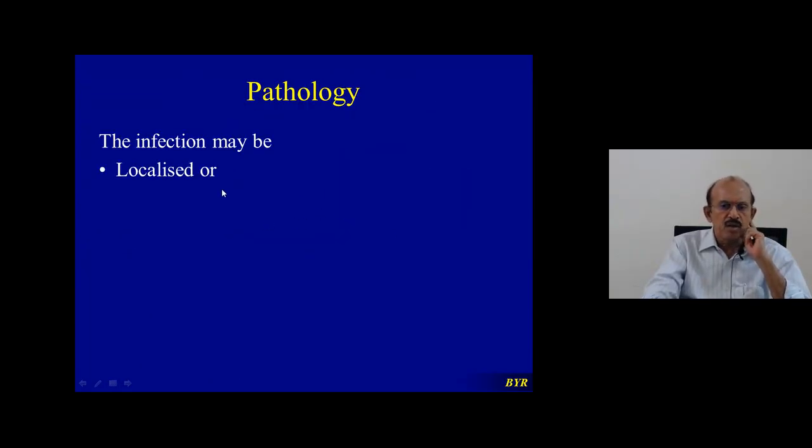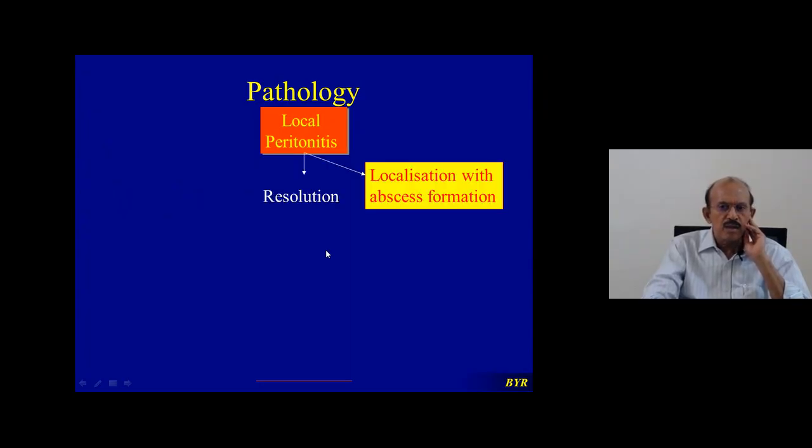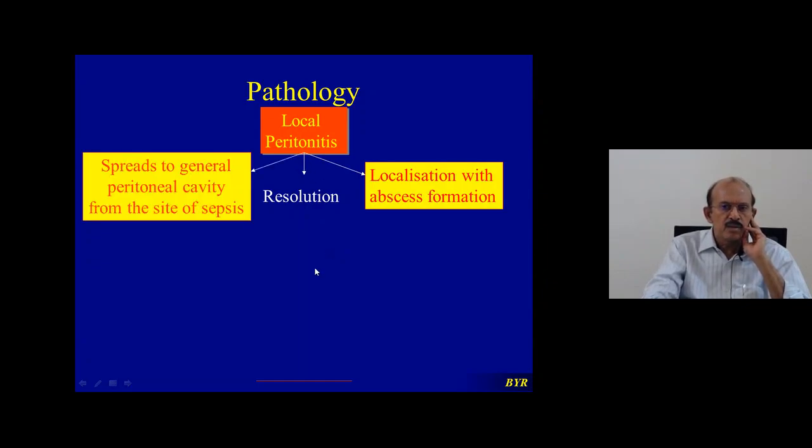The infection may be localized or generalized. Local peritonitis may resolve or it may lead to abscess formation, or it spreads to the general peritoneal cavity from the site of sepsis. A localized abscess, localized infection, can also become spreading peritonitis.